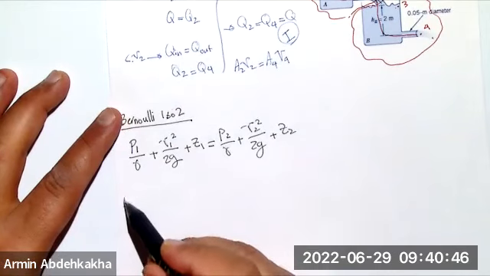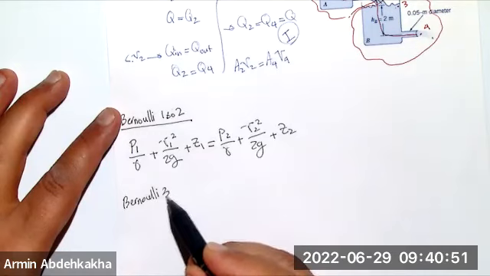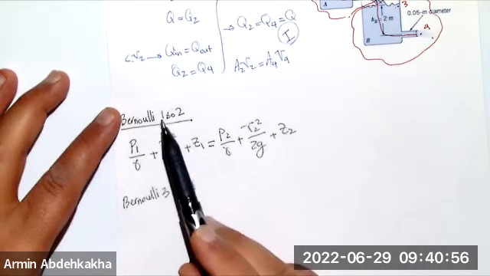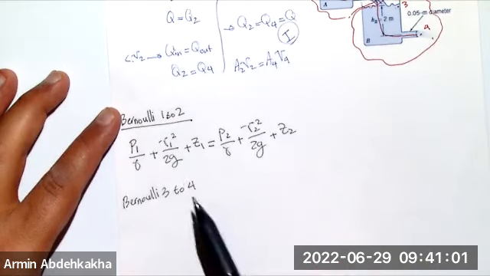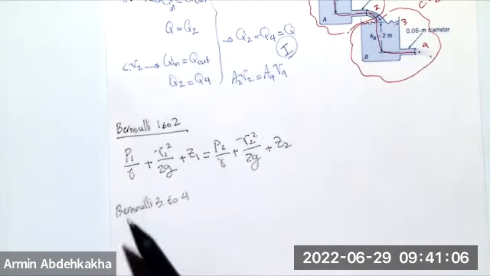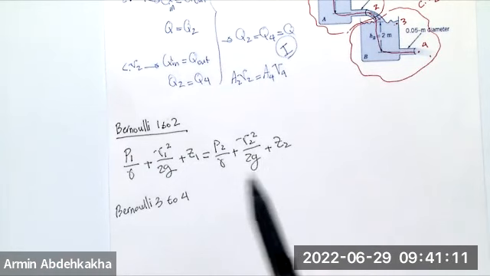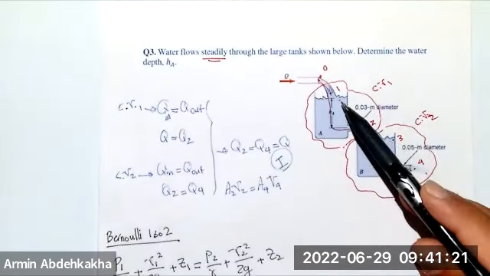What else? I can apply Bernoulli from point 3 to point 4. Why am I not applying that from point 2 to point 4? Because if I apply point 2 to point 4, then these two equations are dependent. Why? Because I have P1 equal to P2, and P2 equal to P4, then I can cancel out all these terms. Actually, I'm writing P1 to P4, right? So what's the difference between 1 to 2 and 3 to 4, and why not apply from 1 to 4?